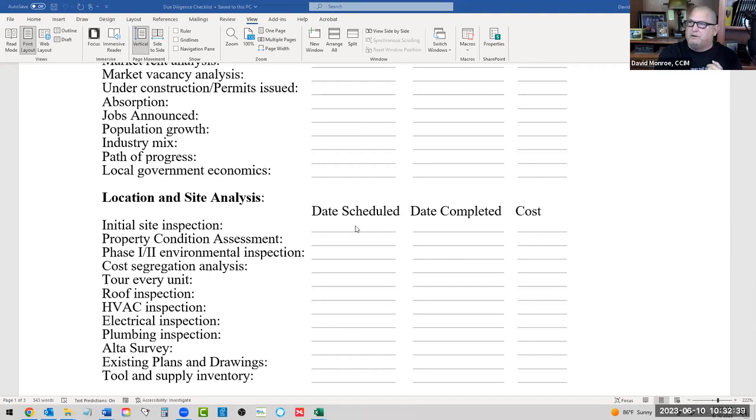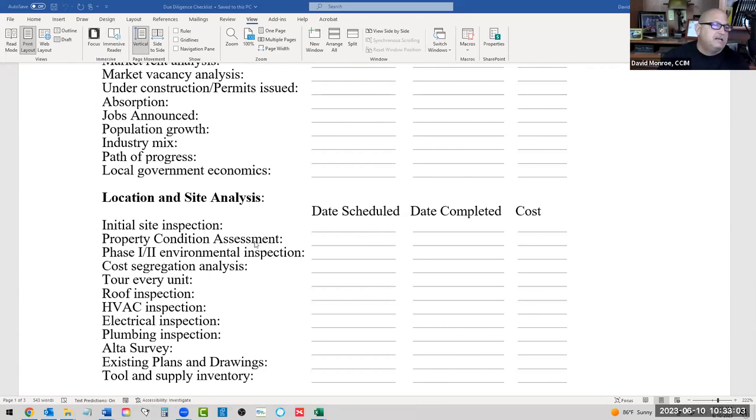If it's a small property, the manager or the maintenance person that's going to be on site, have them with you so that they can also see everything, so that they can budget properly for operations. Date you complete it, and then any costs that were associated with it.